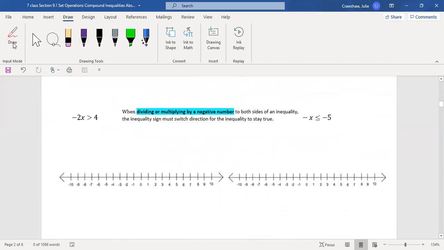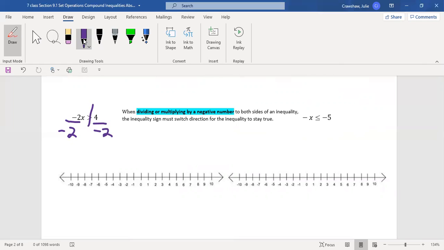Now, when we're solving an inequality, we're doing the same thing as if it was an equation. We're isolating the variable. One of the things within inequalities: if I am dividing by a negative number, that is going to require the inequality sign to flip to its opposite.